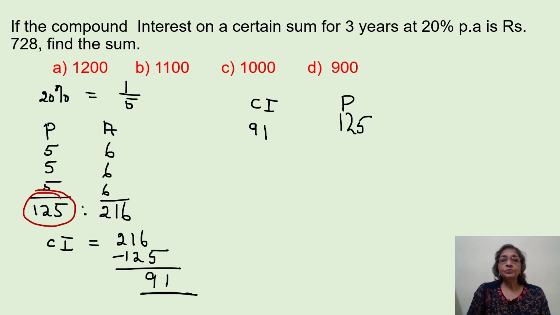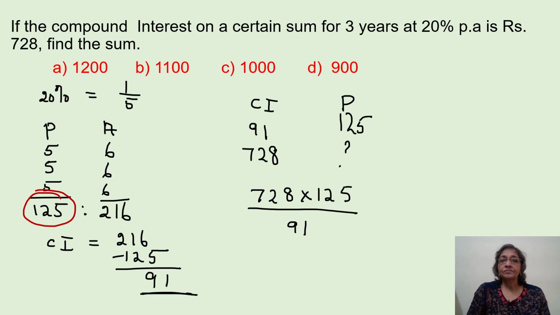So if the compound interest given to you is 728, find the principal. Okay, now if you look at this, it cancels directly 8 times.